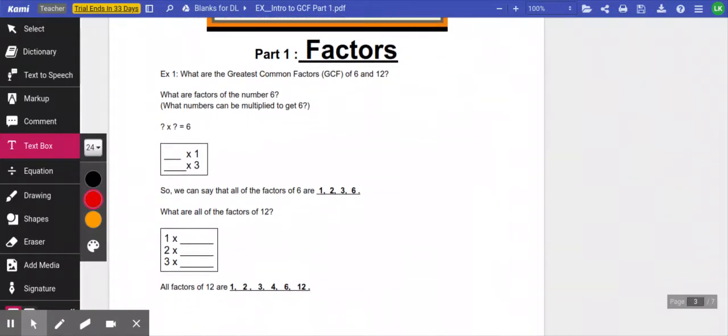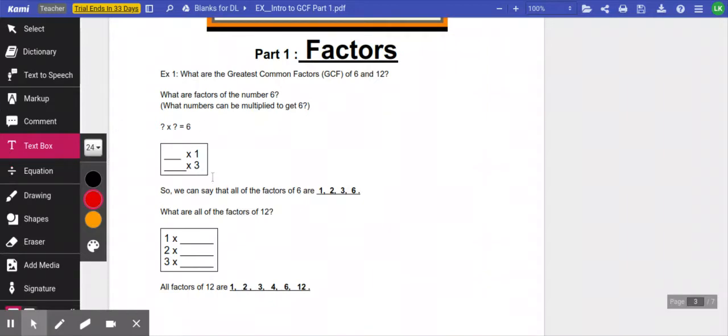So first is, what are factors? If we're going to be working with greatest common factors, it's important for us to know what factors are. So what numbers can I use to multiply together to get the number 6, for example?